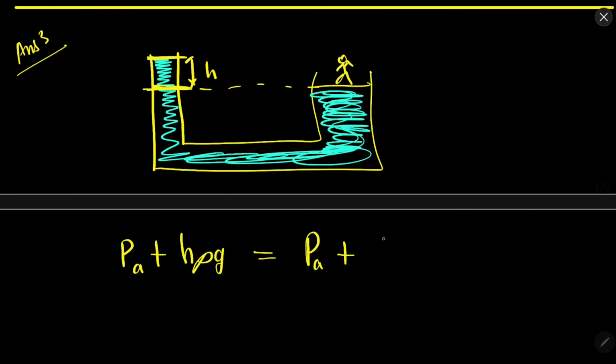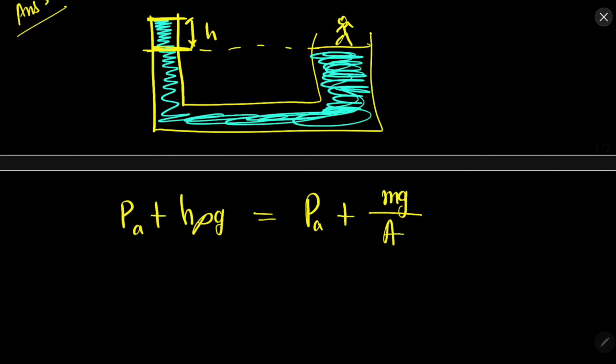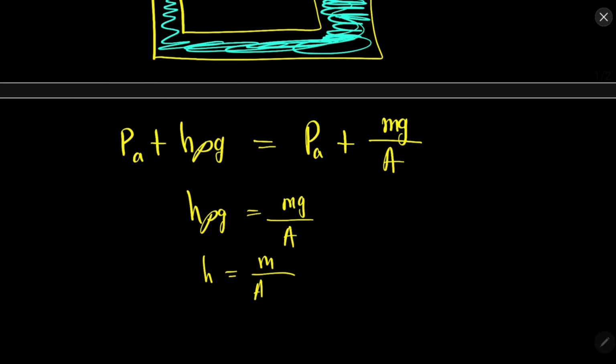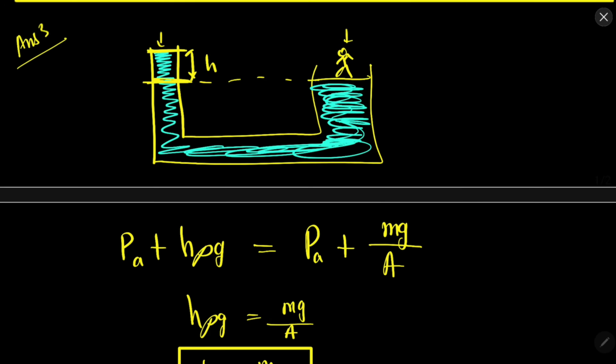So force, that is weight mg, upon area. So you can ignore air from both the parts. So h rho g will be equal to mg over A. So h will be m over A rho. So by this you can find the height.